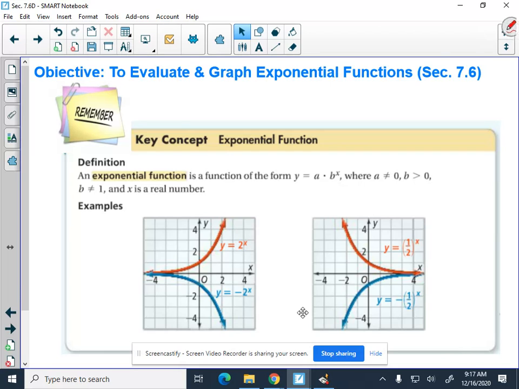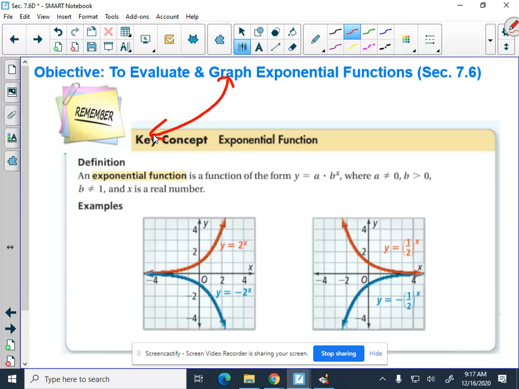Exponential functions are functions that zoom up or can zoom down. We see some examples here. This one is positive. It's y equals 2^x, and it's going up. It'll get 2 times as high as we raise the x value, 2 times as high as the past x value.